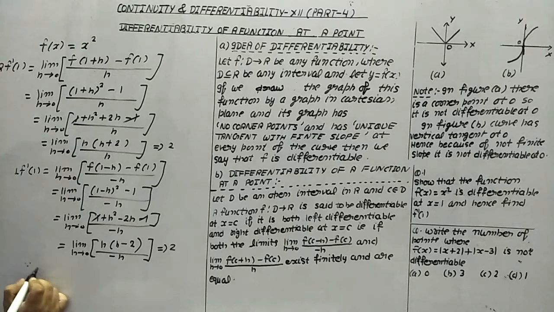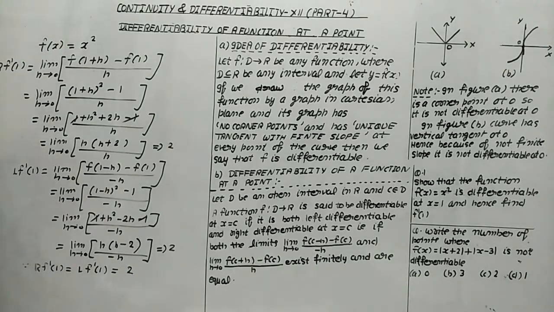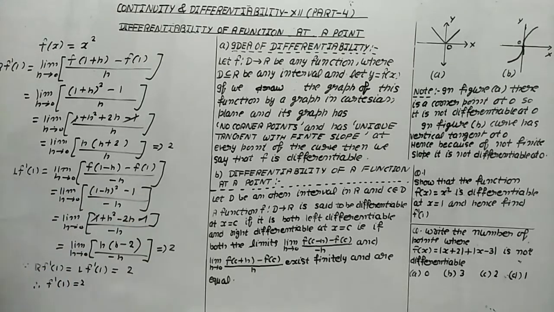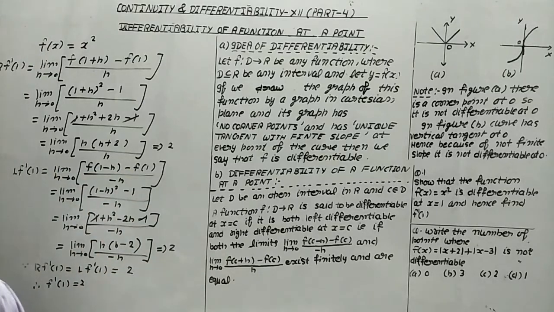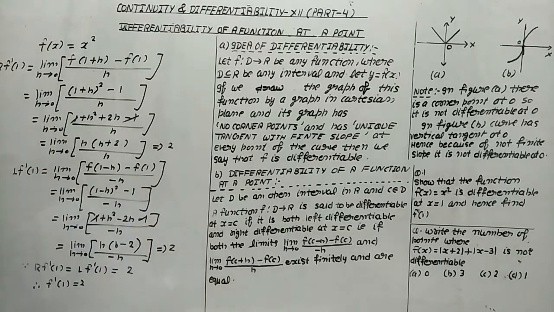Now you will say, because the right hand derivative is equal to the left hand derivative at 1, which equals 2, therefore the function is differentiable and the value of f dash 1 equals 2. So this is the way when we have to prove that a function is differentiable by mathematical steps.